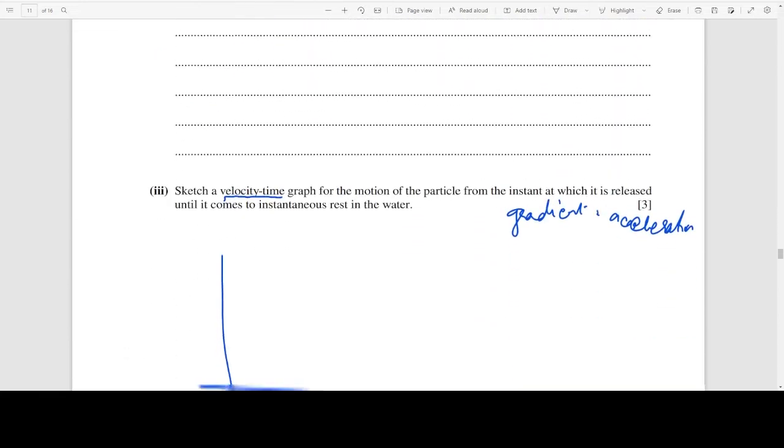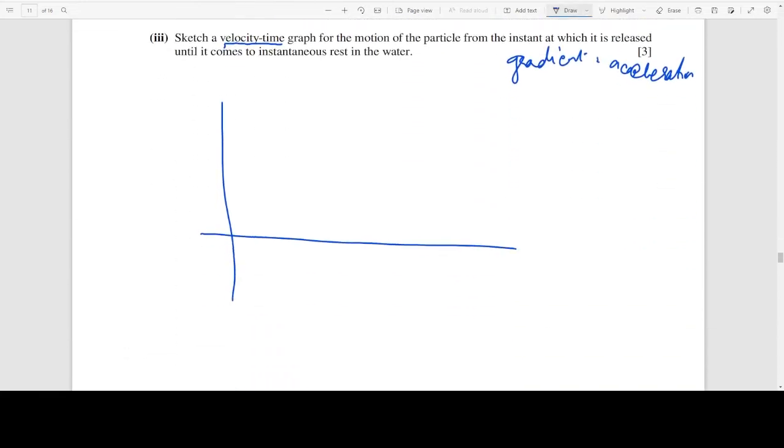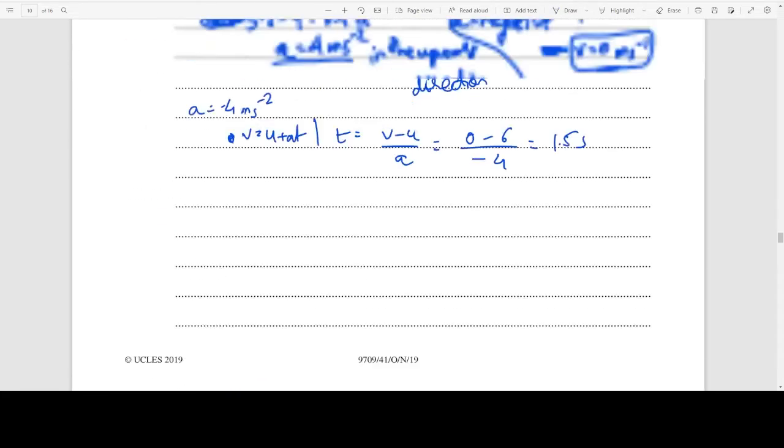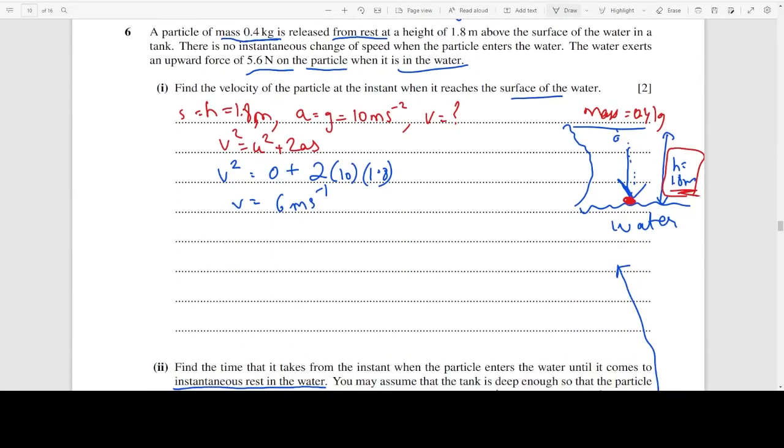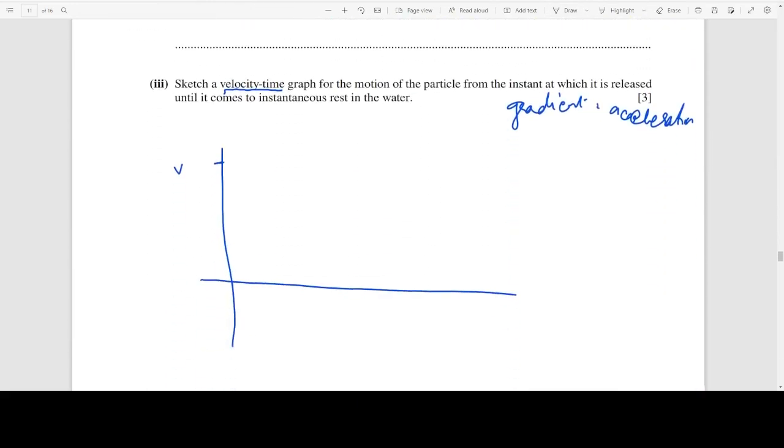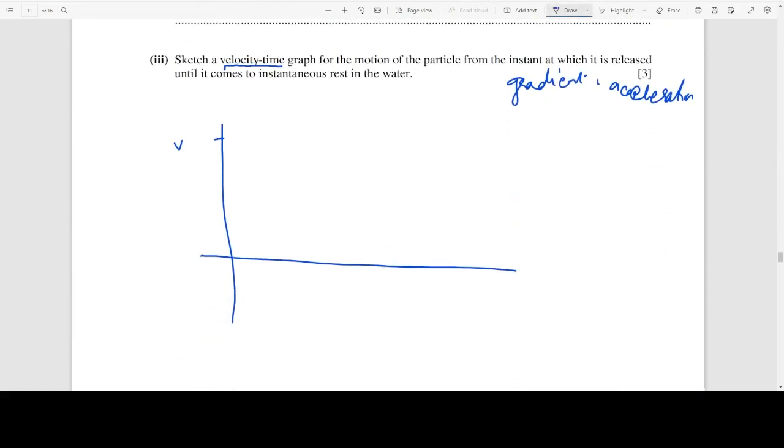We know that it reaches water with a velocity of 6 meters per second. So let's say this is that velocity, 6 meters per second. By the way, this is velocity in meters per second, and this is time in seconds. So this is the 6 meters per second mark, and the gradient is acceleration.